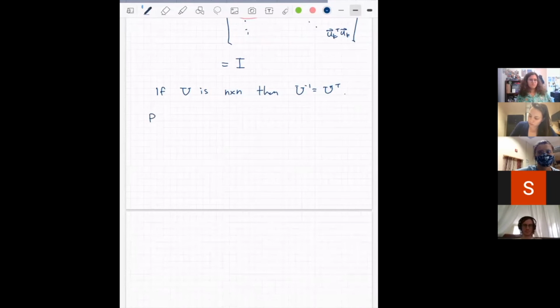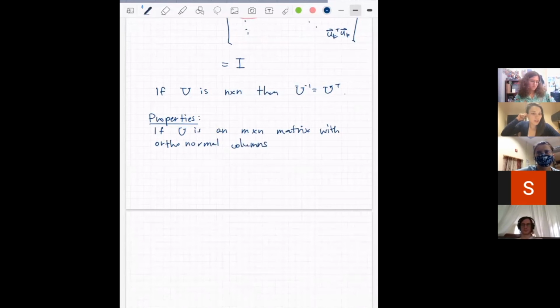Okay, so if U is an m by n matrix with orthonormal columns, and X and Y are just vectors in Rn, then we have the following.